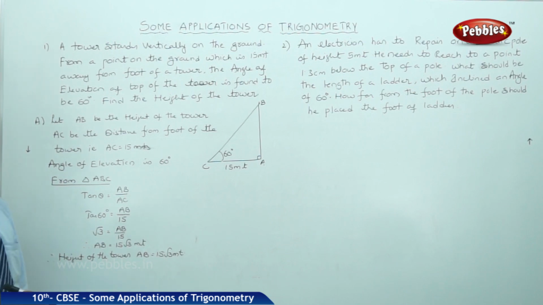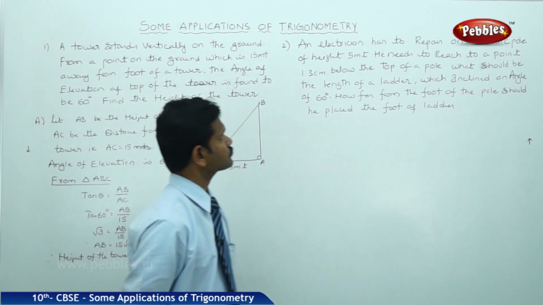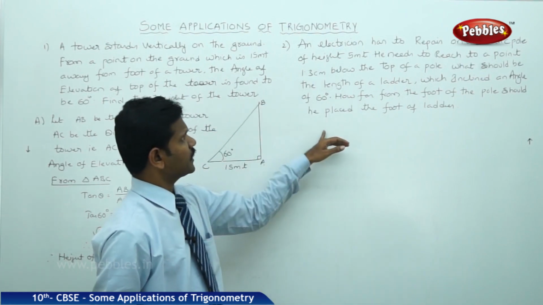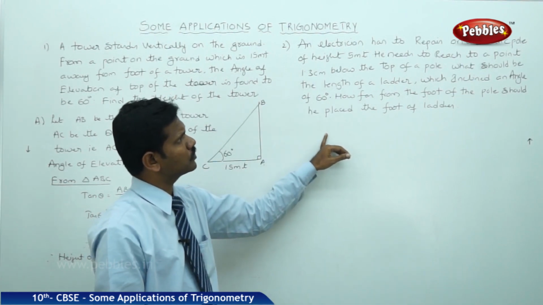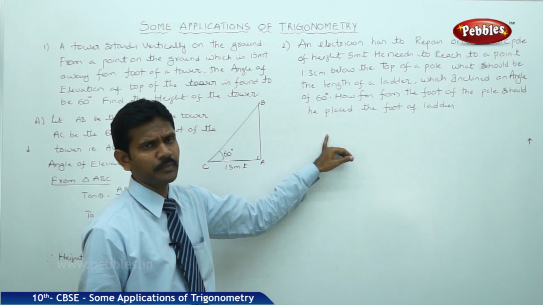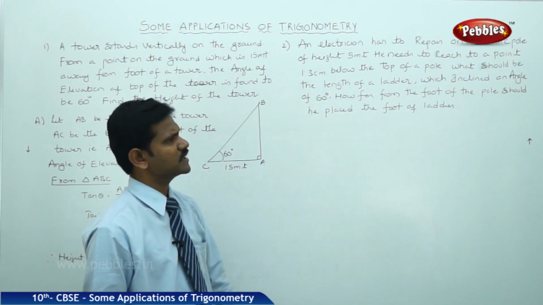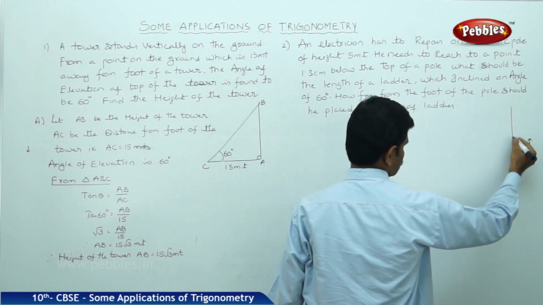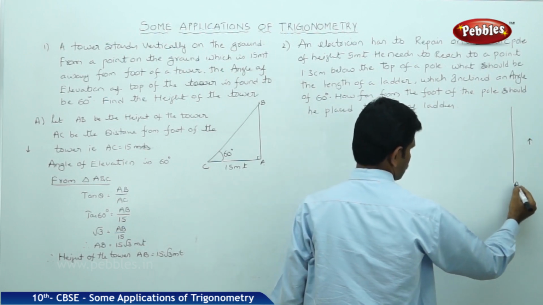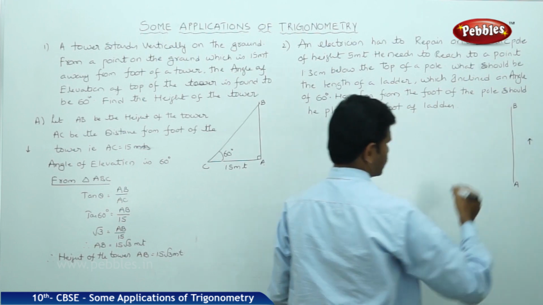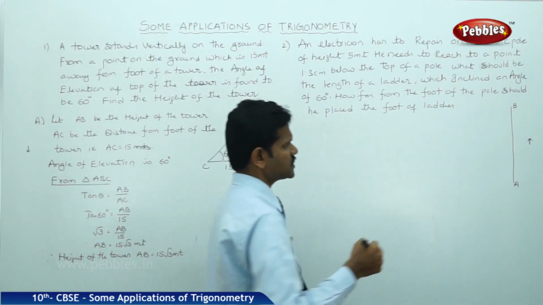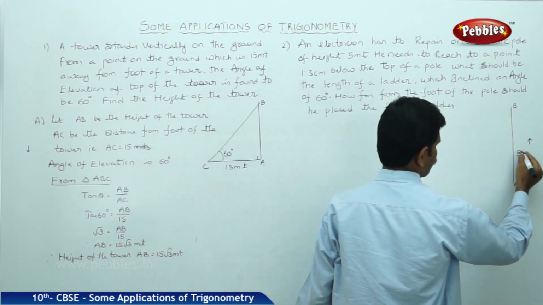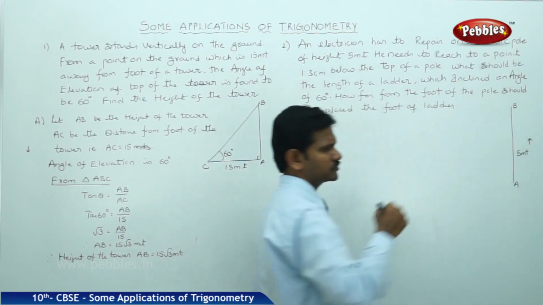Now let us come to the second example. An electrician has to repair an electric pole of height 5 meters. Now let us draw the diagram first. That is, AB is the electric pole whose height is 5 meters.